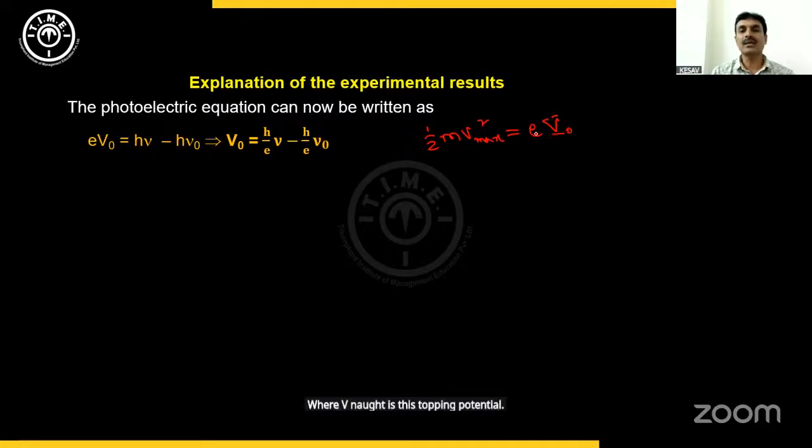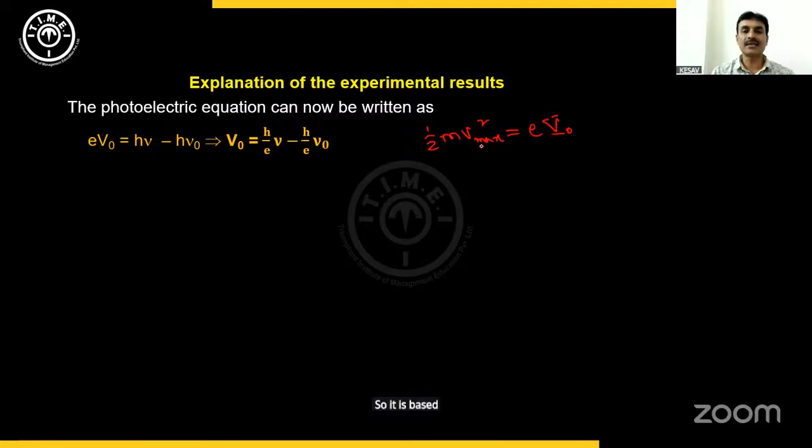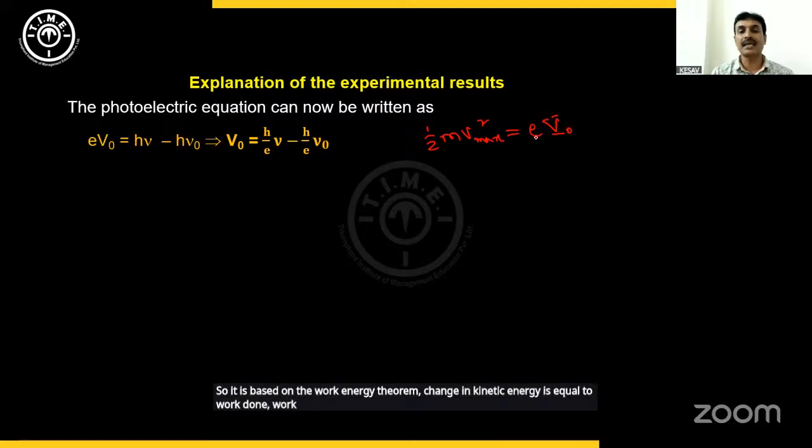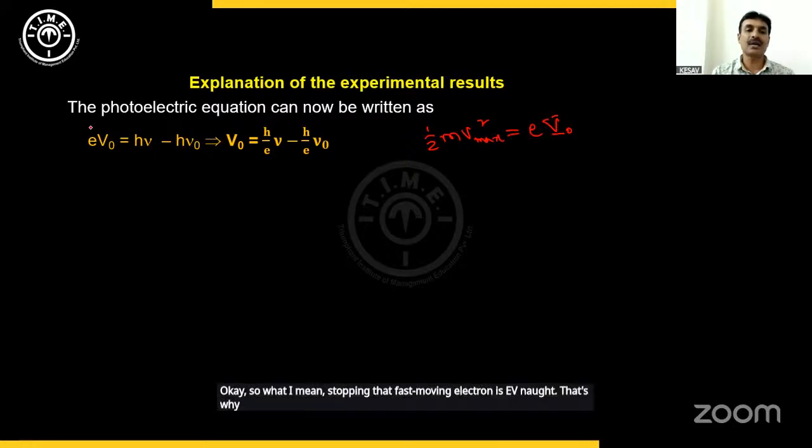So eV0 represents the work done. It is based on the work-energy theorem: change in kinetic energy is equal to work done. Work done in stopping even the fast moving electron, so all its kinetic energy is lost, is eV0. That's why in place of half mv square, here you have eV0.